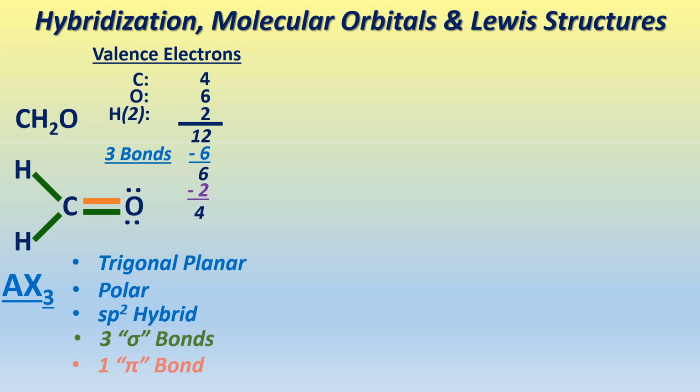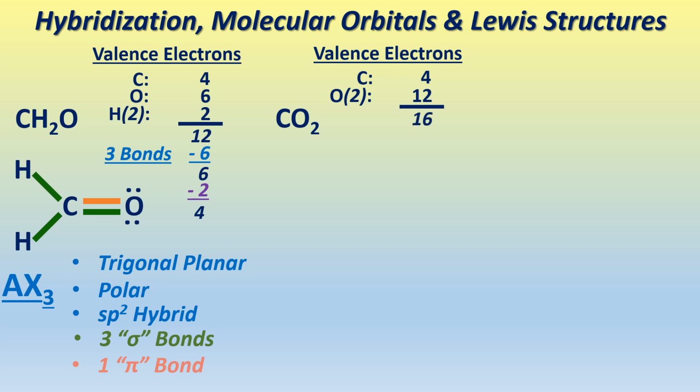Another example, CO2. Again, carbon gives 4 electrons. Each oxygen gives 6 electrons, leading to a total of 16. Placing carbon in the middle with sigma bonds, now we know in the skeleton, 2 bonds accounts for 4 of the electrons, leaving 12.